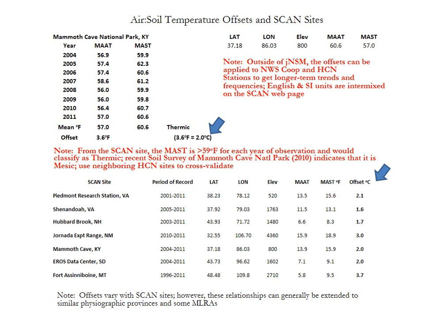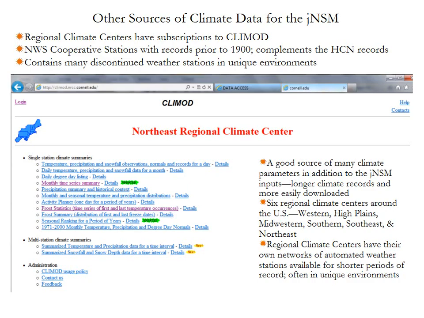And we have offsets that vary from about 1.6 degrees C at the Shenandoah, Virginia, to 3.7 degrees C at Fort Assiniboine in Montana. So these usually vary regionally, so there's no one answer that's the silver bullet to an offset value here, but requires regional understanding and knowledge.